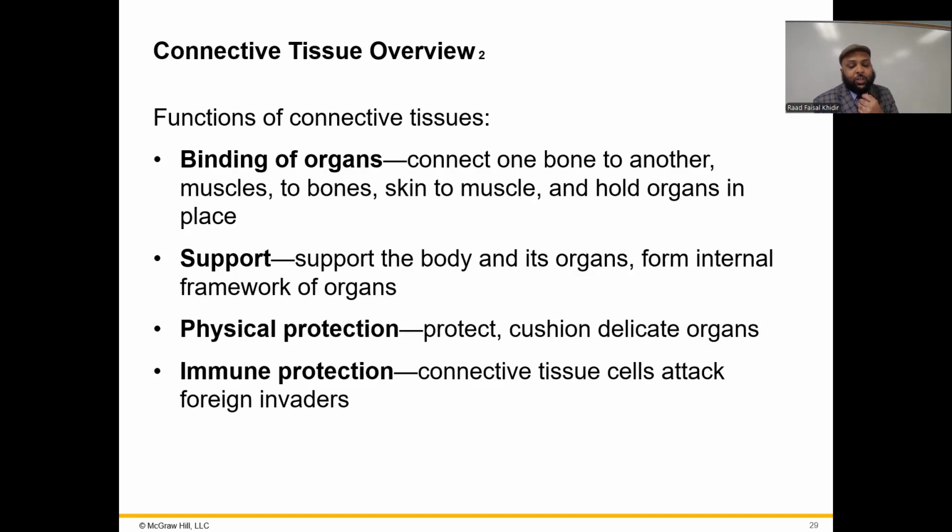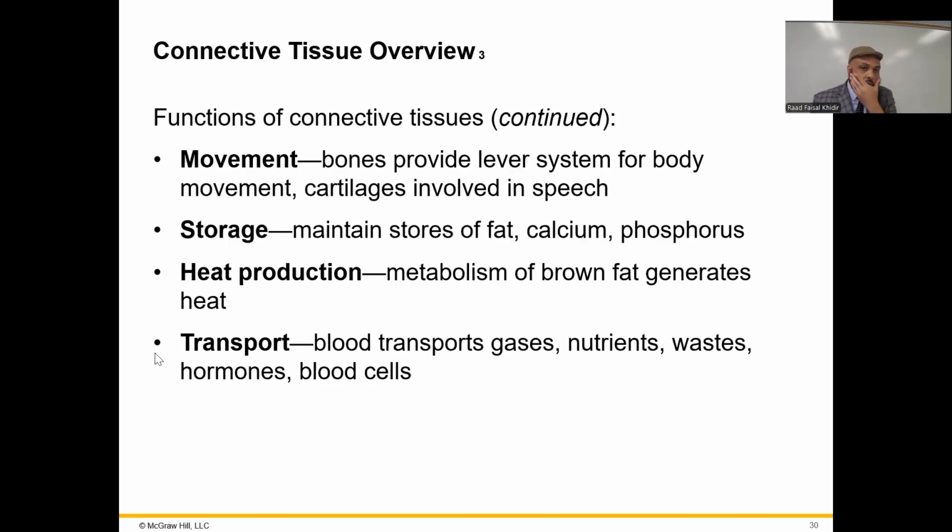They protect and cushion the delicate organs. And they have immune protection. There are connective tissue cells that attack the foreign invaders.